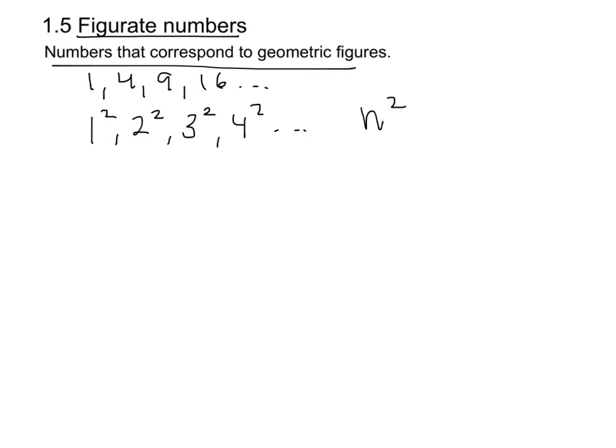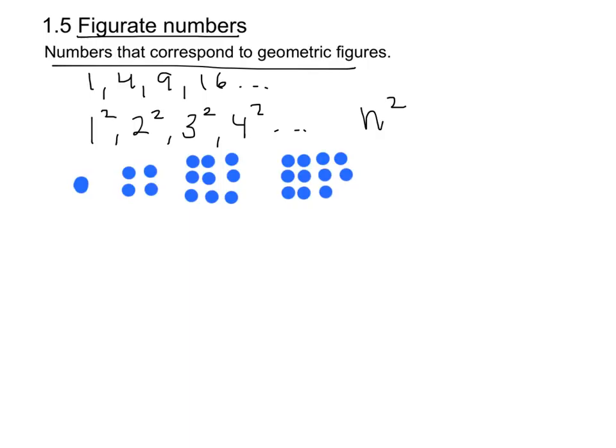And the way that this corresponds to geometric figures is that these are square numbers, so if you line them up, they form squares. And there also exist rectangular numbers as well as triangular numbers, but we won't get into that.